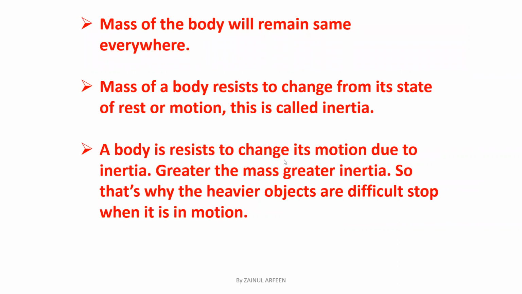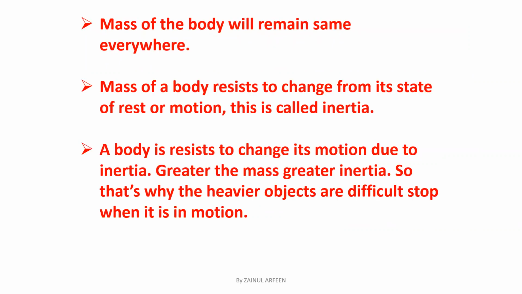That's the same statement written: a body resists change in motion due to greater inertia. That's why heavier objects are difficult to stop when they are in motion as compared to lighter objects. And mass is a scalar quantity. When we say it is a scalar quantity, it means it does not have direction. A quantity without a direction, having magnitude and unit, is called a scalar quantity.